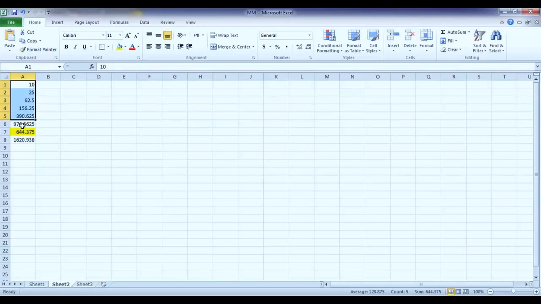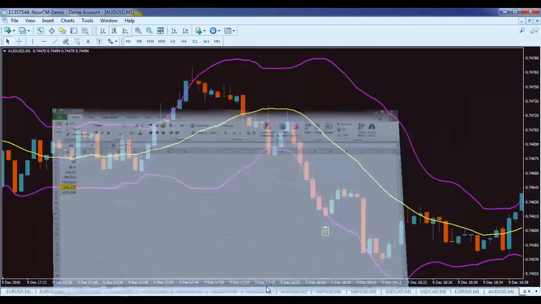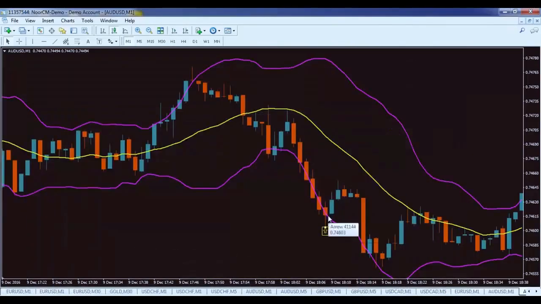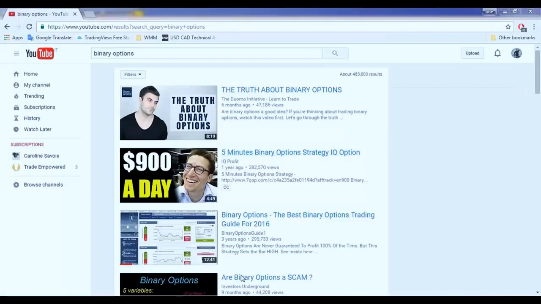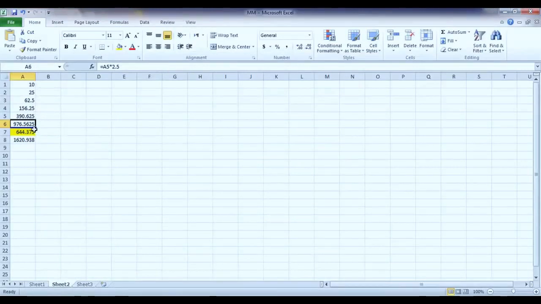And if you want to win with the last one, you put the trade here until it goes up, you have to pay 976. So at least you need to have an account with 1,620 euros.